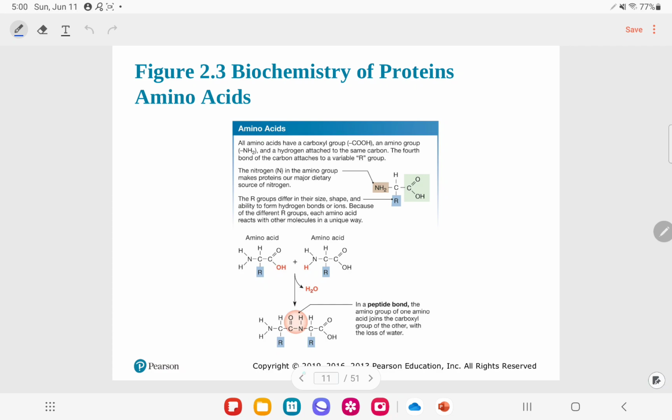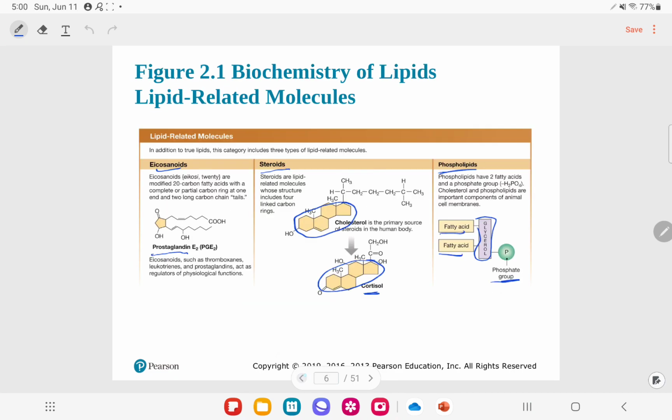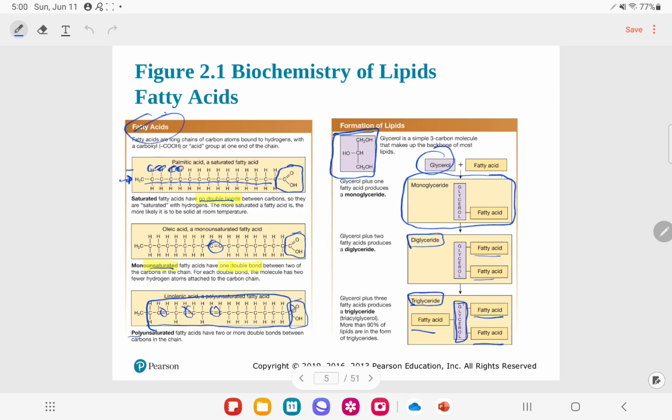So let me just go back for just a second because I want to point out that lipids are one of the major biomolecules, along with carbohydrates, proteins, and nucleic acids. Lipids are going to be the macromolecule, okay? But their building blocks are going to be the fatty acids.